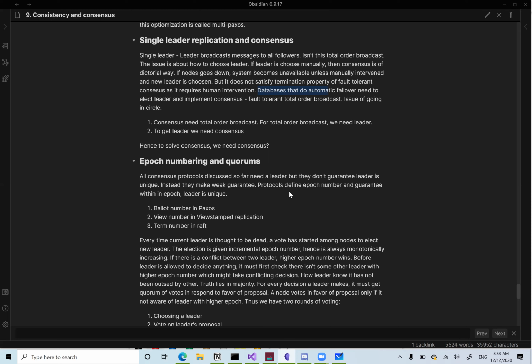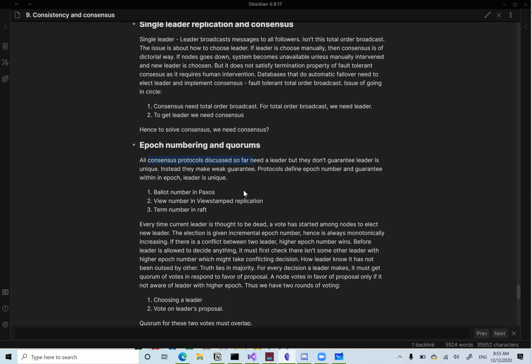But in leader election, there is no strong guarantee. All the consensus protocols discussed so far need a leader, but they don't guarantee that the leader is unique. Instead, they make a weak guarantee. These protocols define an epoch number and guarantee that within each epoch, the leader is unique.